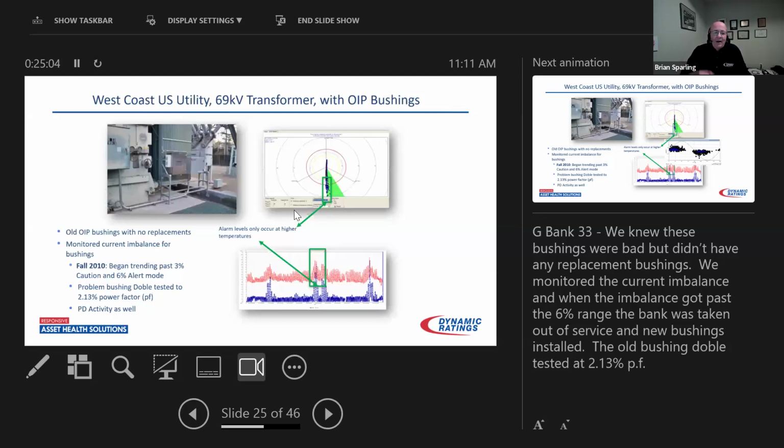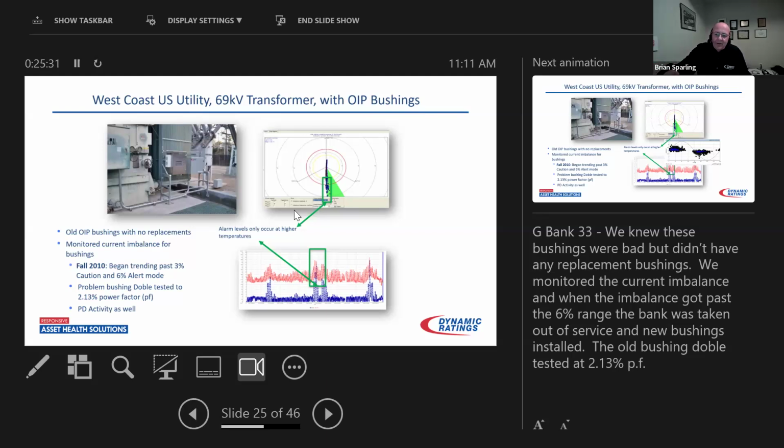So here's an example. This one, 69 kV with OIP bushings. This particular transformer at the time had older OIP bushings with no replacements in stock at this utility. And in the fall of 2010, this is the view of the software. Every little blue dot you see on that upper polar plot represents a measurement in time of the sum currents.